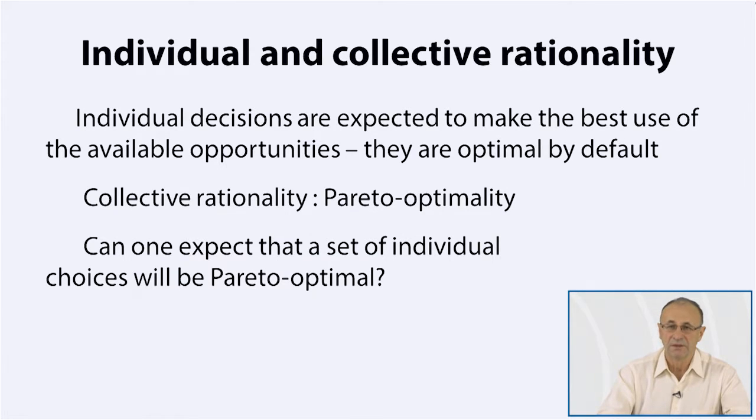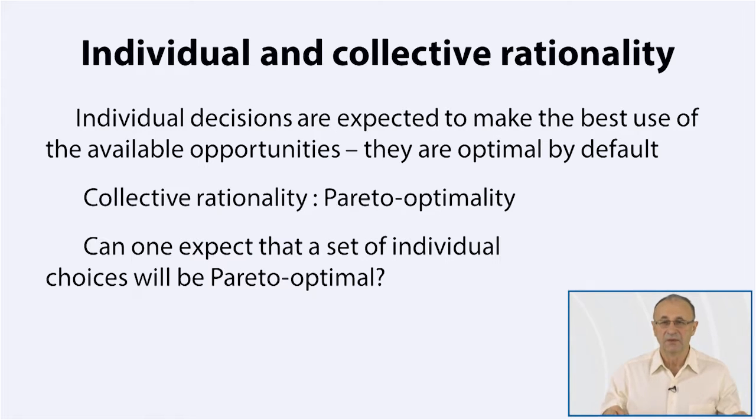So to conclude, we would say that a resource allocation is optimal, not just from an individual point of view, but from the social point of view, if it is Pareto optimal. And now a very big, very important question. Suppose you have a market economy, an uncontrolled, unregulated, completely freewheeling, so-called laissez-faire market economy.